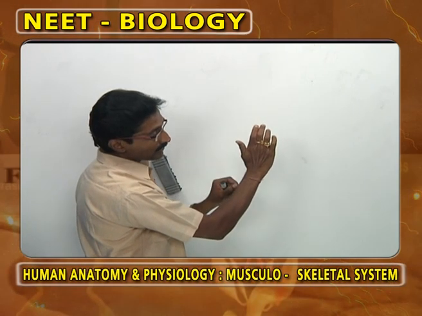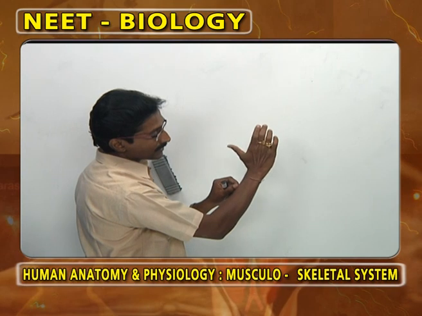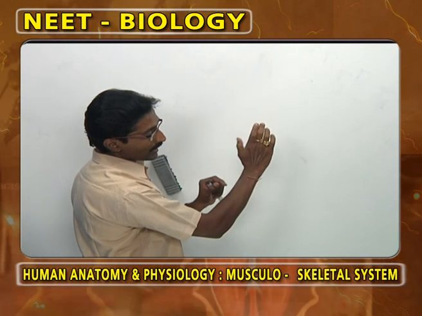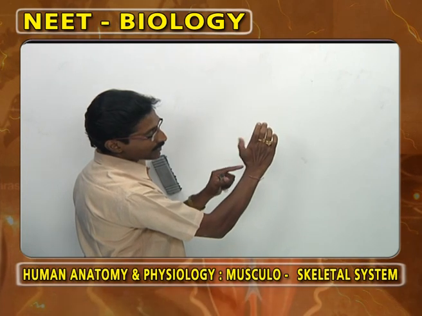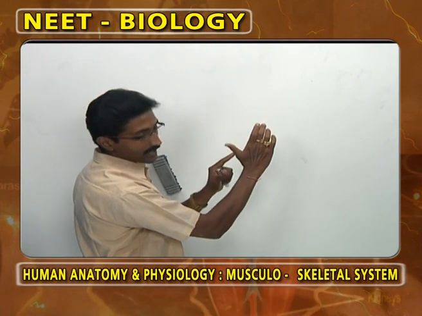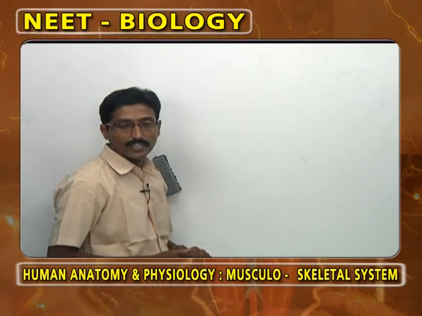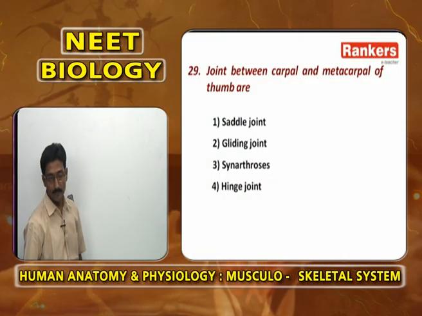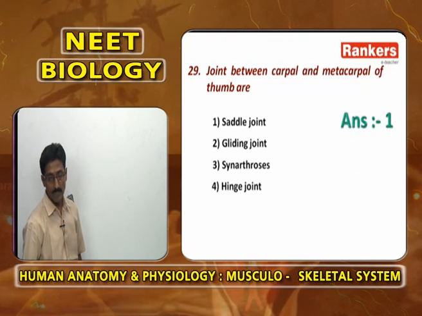Because what type of joint is present between carpal and metacarpal of thumb? That we call the saddle joint. The answer is saddle joint. Now we go for the next question.